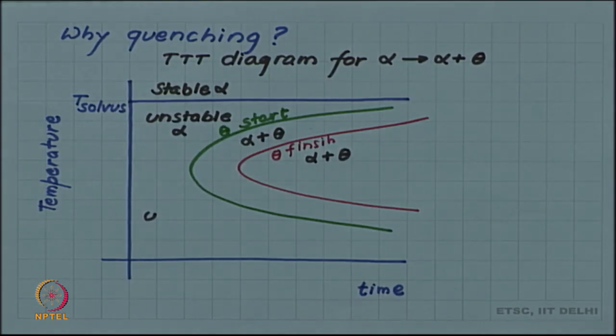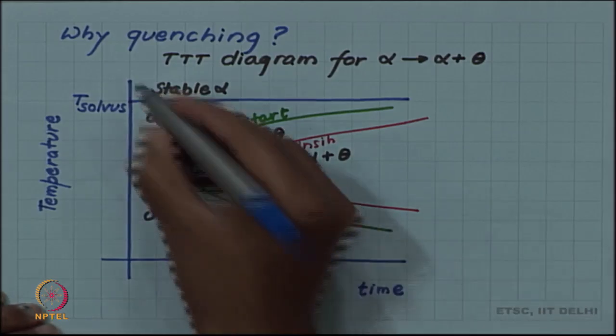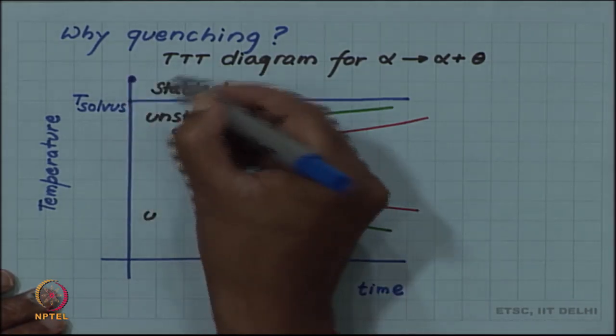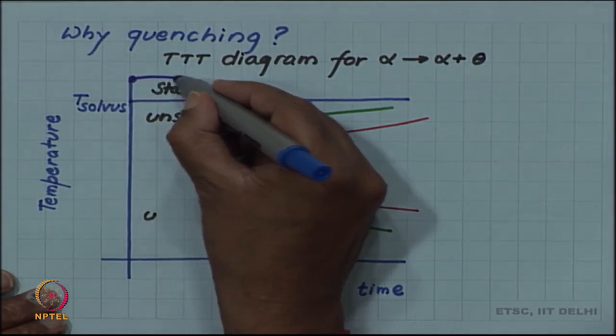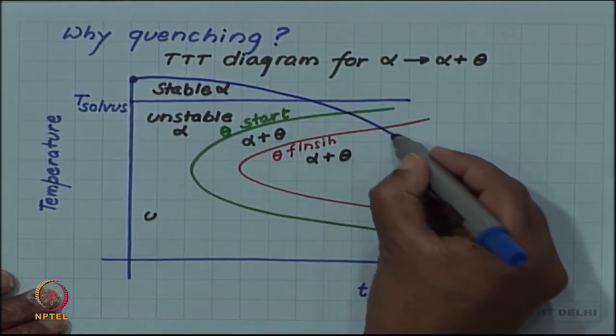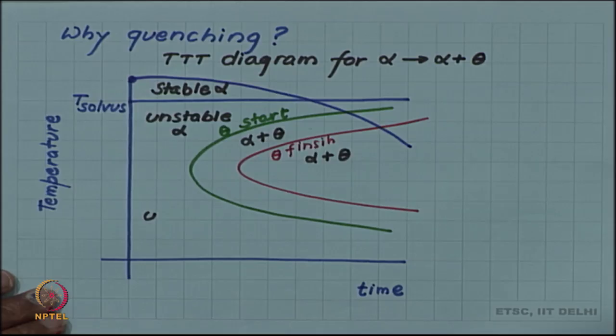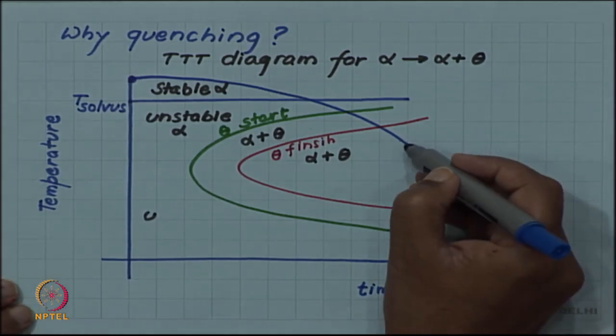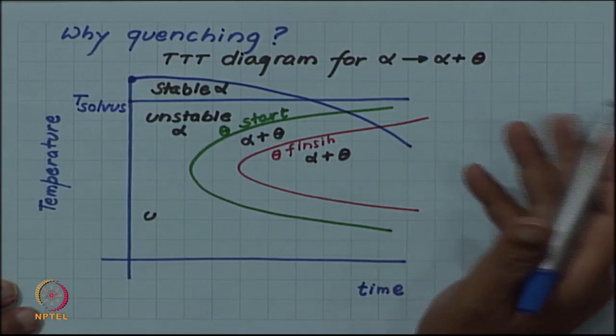Now, in this diagram, even if we slow cool, even if we cool gradually and slowly, suppose we have gone above solvus and we have formed a stable alpha and then we are cooling that stable alpha slowly, I will still get alpha plus theta, I will still get the precipitate, and if precipitates are supposed to be obstacles to dislocation motion, I have already created that obstacle and I should get hardening.